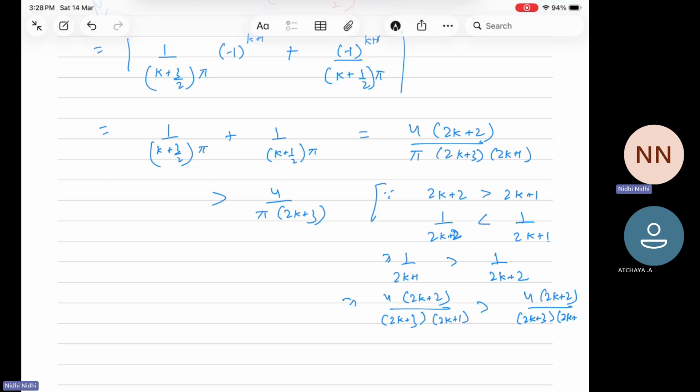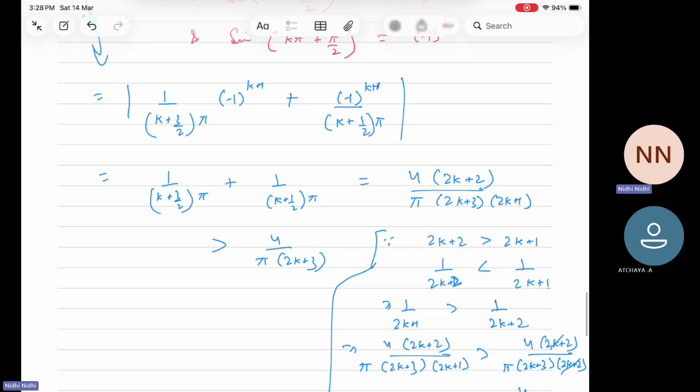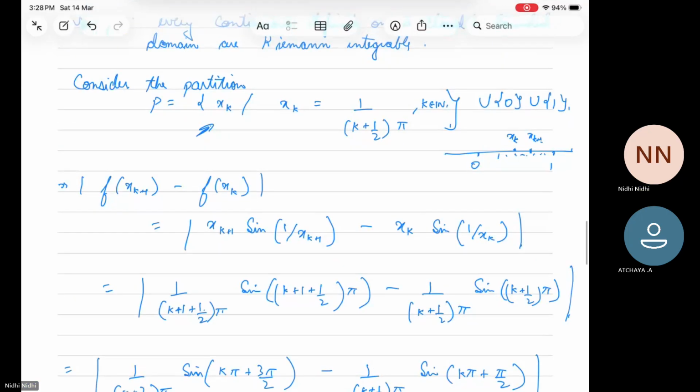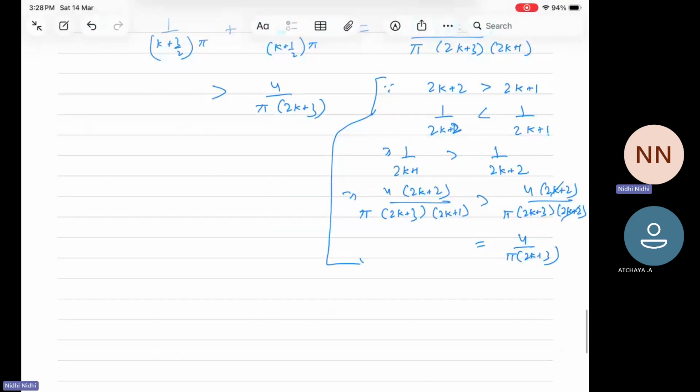So this is just 4 by pi 2k plus 3. Therefore, we get this inequality. So therefore, what we got, we started with this mod f(x_{k+1}) minus f(x_k). Now this implies mod f(x_{k+1}) minus f(x_k) is greater than 4 by pi 2k plus 3.